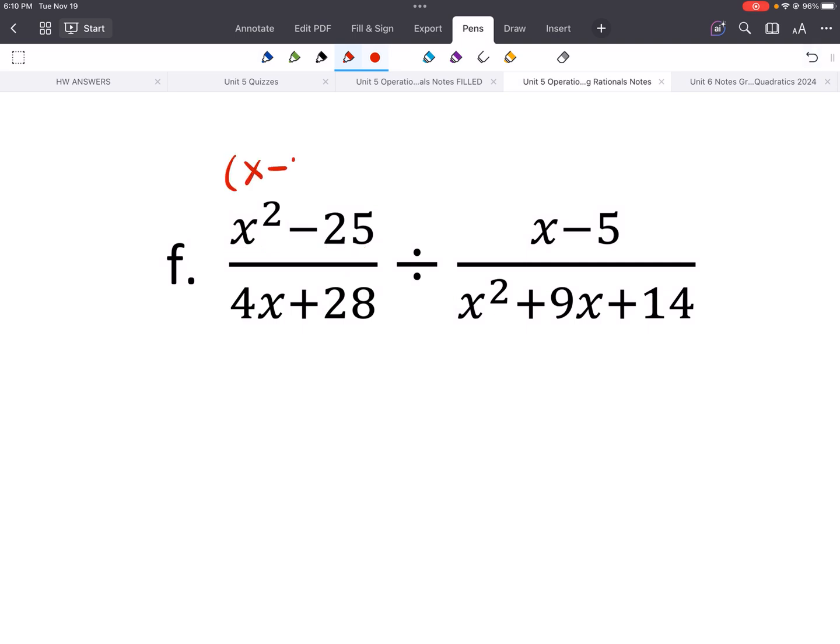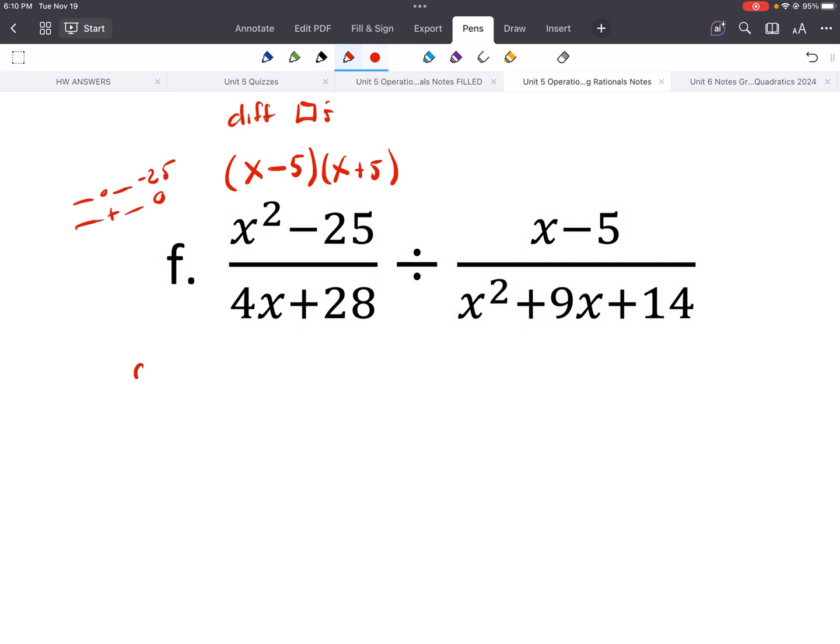So x minus 5 and x plus 5. Again, we could use the puzzle. It gives you the same thing: what multiplies to negative 25 and adds to the middle term, which would be 0. If you prefer that, the difference of squares is just a little quicker. All right, so that's difference of squares.